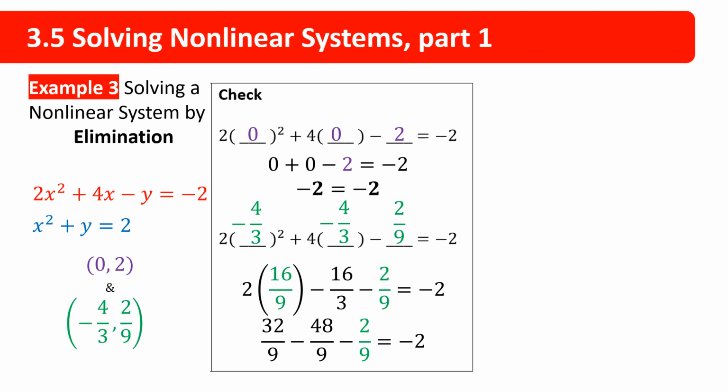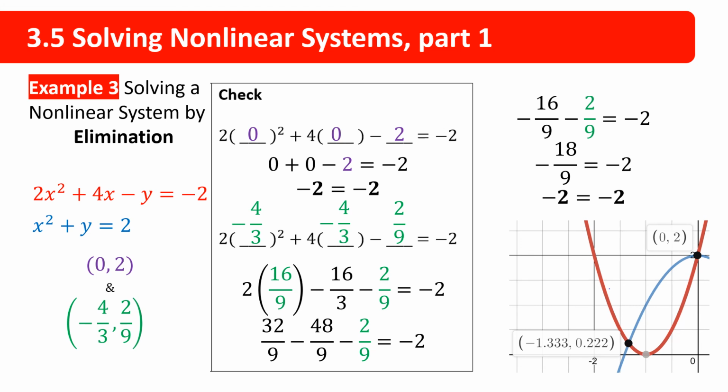If we convert 16/3 into 9ths, we'll get minus 48/9, and we still have the 2/9. We can take negative 16/9, that comes from 32 minus 48, so negative 16/9 minus 2/9. That's going to get us to negative 18/9, which reduces to negative 2.